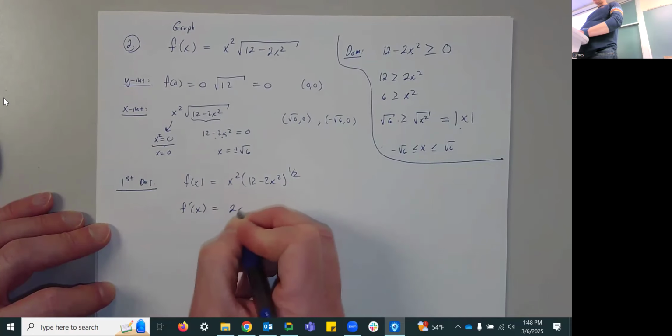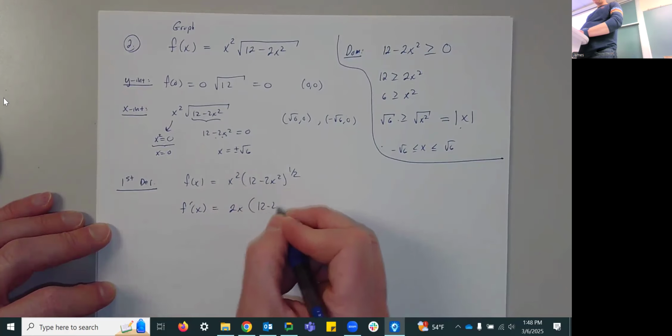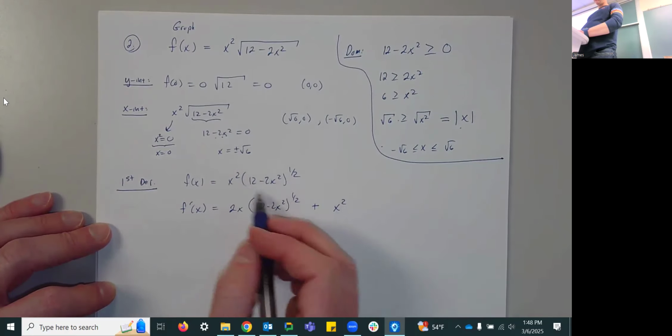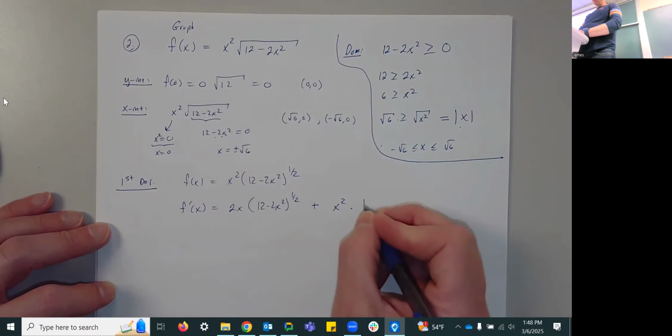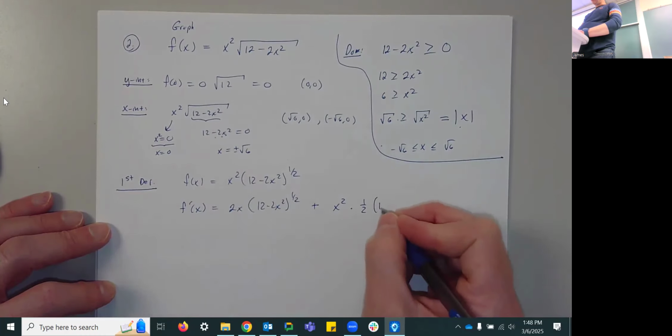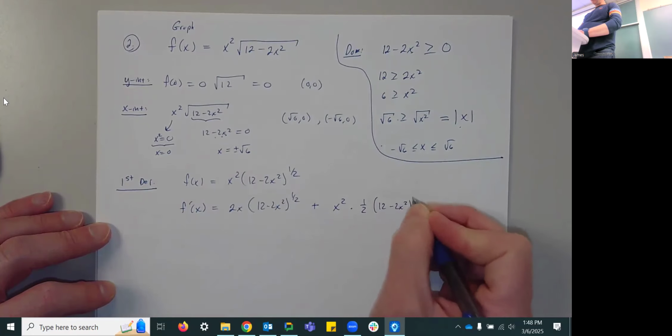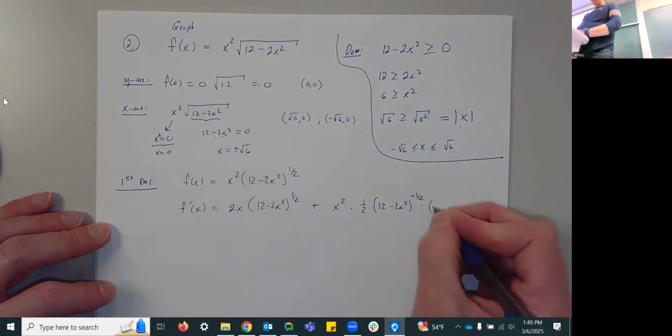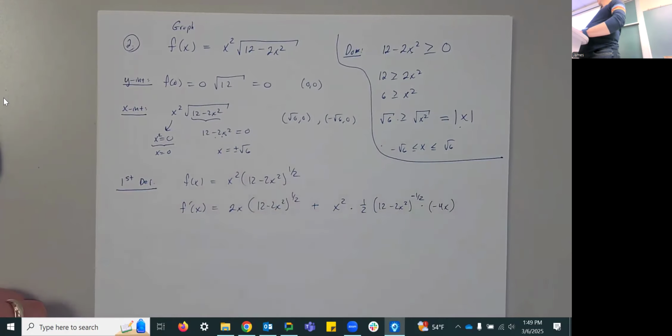It's going to be 2x times the other stuff, plus x squared times the derivative of this stuff, which is 1/2 times our quantity to the negative 1/2, times the derivative of the inside, which is 0 minus 4x. And then we're going to set that equal to 0. Ugh.